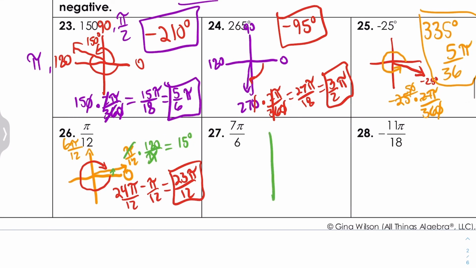7 pi over 6. 0, pi over 2, pi, 3 pi over 2. 7 pi over 6, 6 fits into 7 one and 1/6 times. So 7 pi over 6 is a little bit past pi.